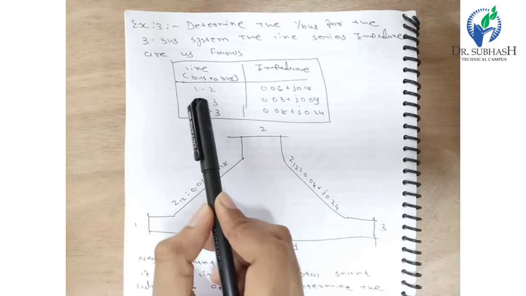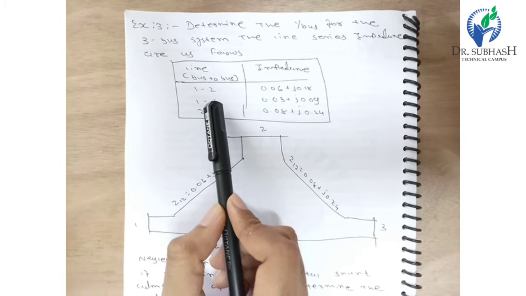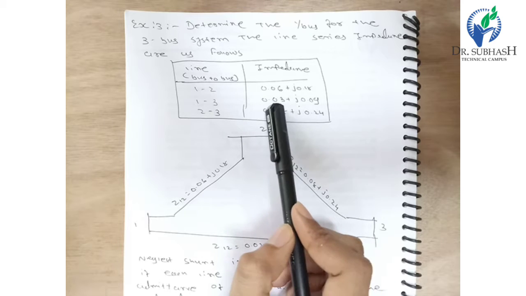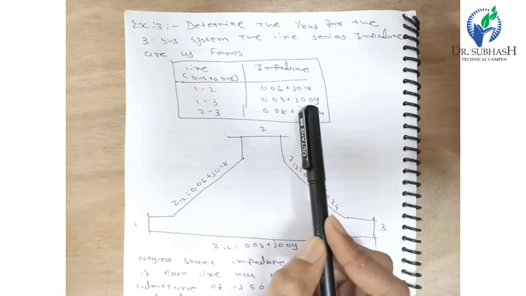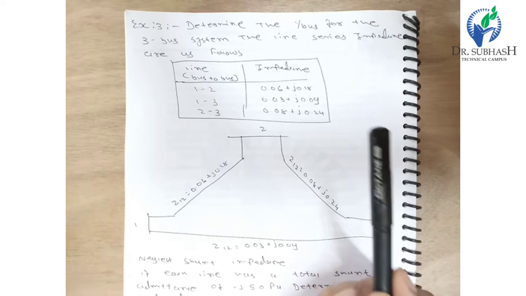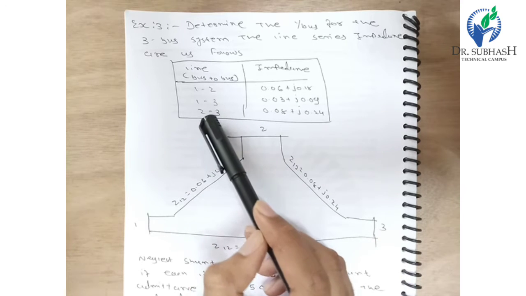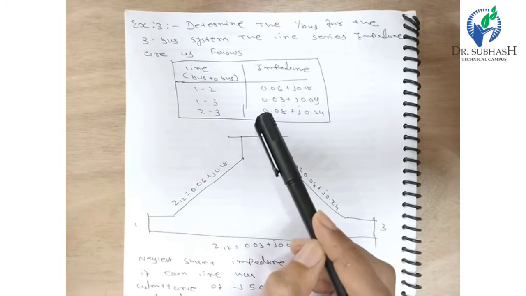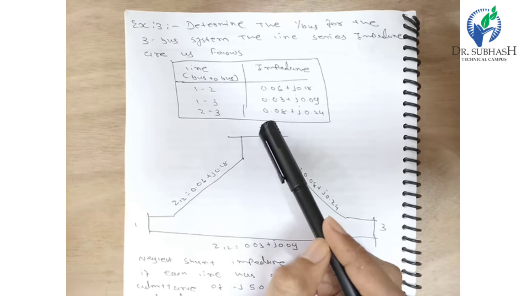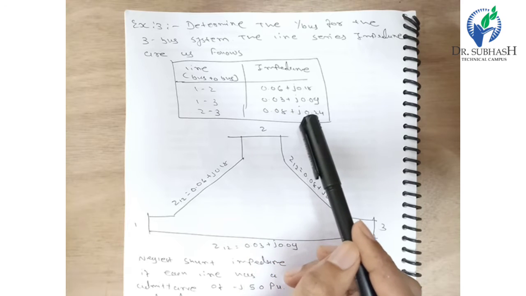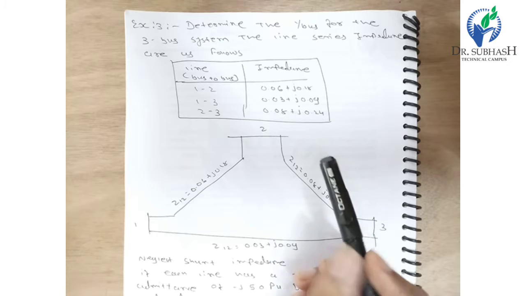Bus 1 to bus 3, the impedance value is 0.03 plus j into 0.09. Line 2 to line 3, the impedance value is 0.08 plus j into 0.24 in this connected system.